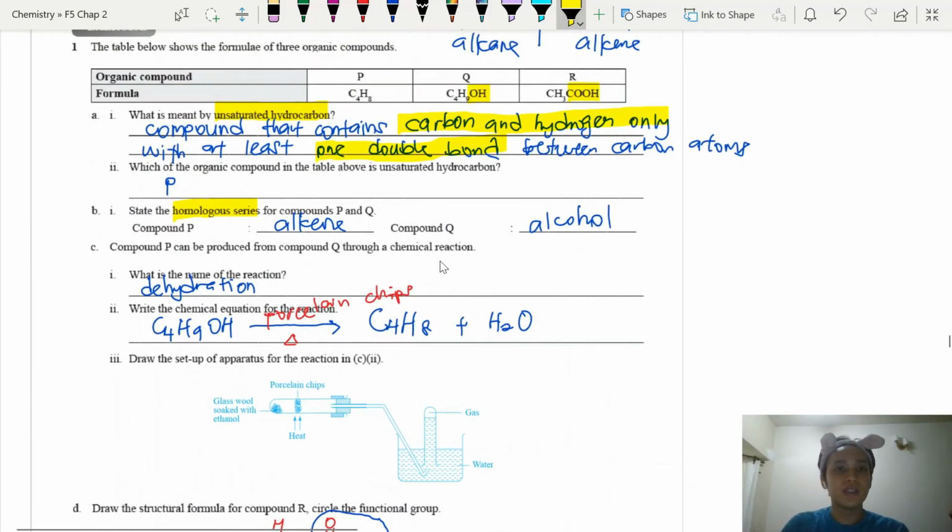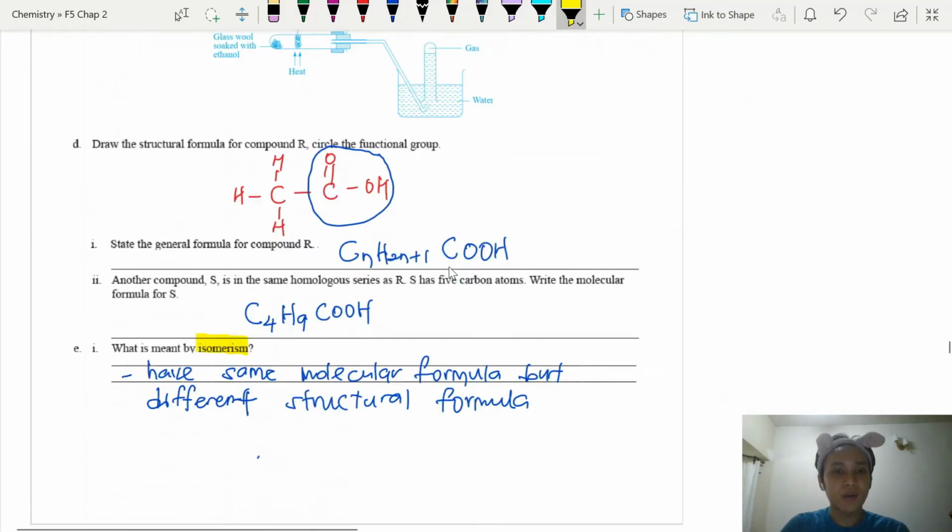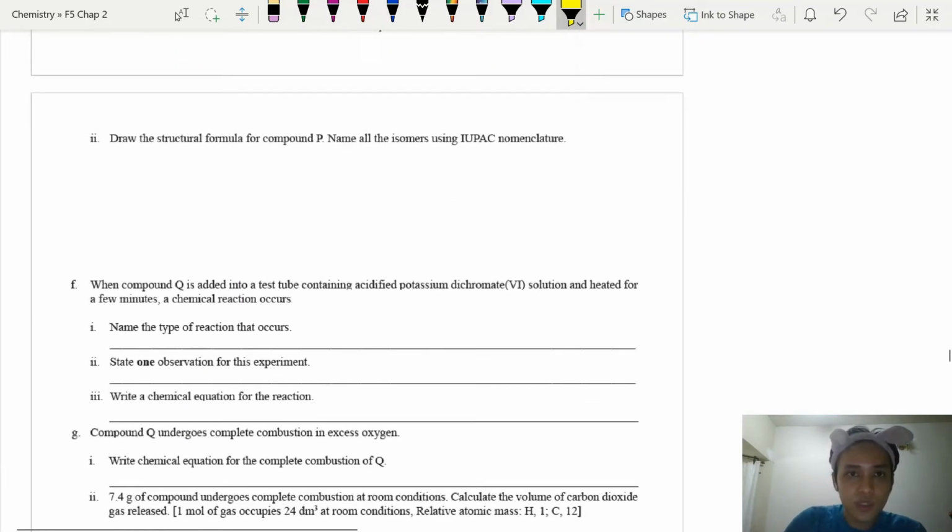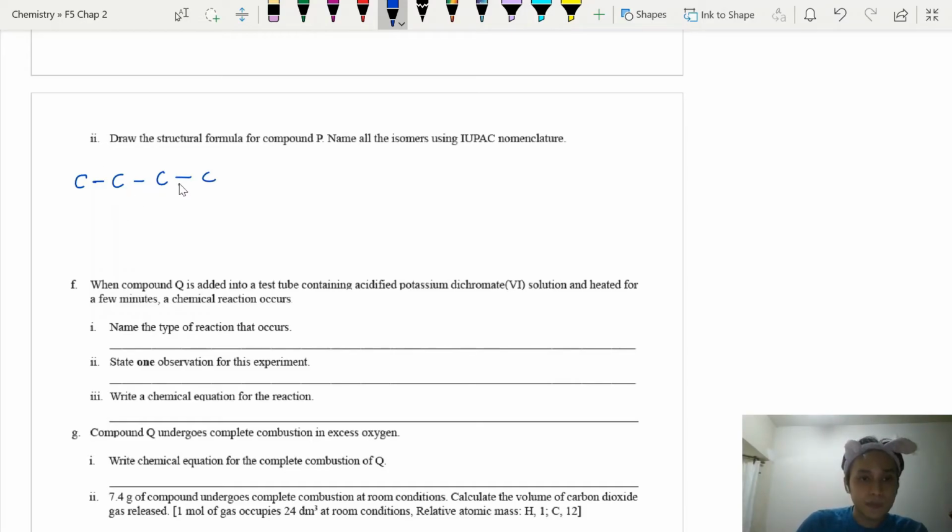So compound P is the alkene, right? 4 carbon, butene. So let's draw out the isomers. Now remember, I teach you, you draw the straight chain first, 4 carbon, and then you put the double bond at the first carbon. So this is your first isomer.